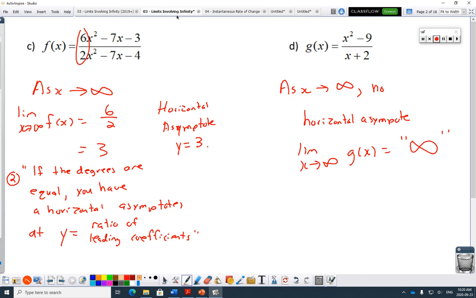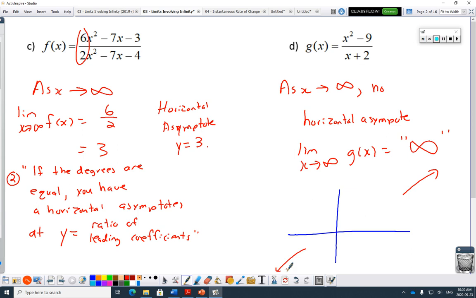The third of the 3 rules. What happens if the denominator's the bigger one? As x goes to infinity, there's no horizontal asymptote. The limit goes to infinity, so if I was to draw this graph, I don't know exactly what it looks like. I take that back. I sort of know what it's going to look like, but I don't think at this point in the lesson that you should know what it looks like. This function is going to go off like this in either direction.